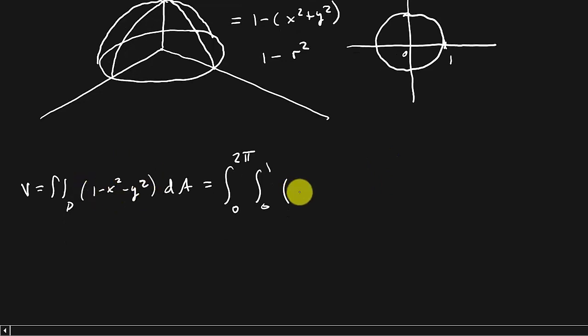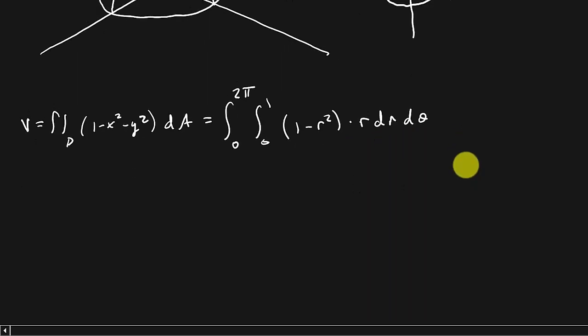And so I'm going to replace all of this with 1 minus r squared, and then don't forget times r times dr d theta. And so this is going to give us 0 to 2 pi, and that's going to be 0 to 1 of r minus r cubed dr d theta. All right.